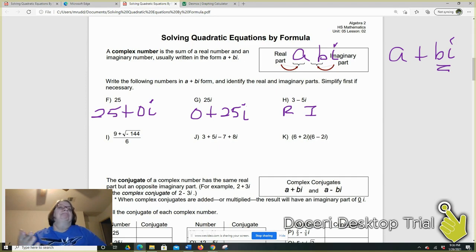When you see these numbers written, the real part will be first, the imaginary part will be next. Look at letter I. 9 plus the square root of negative 144 simplifies as 12i, divided by 6. Notice that this number is all divided by 3.